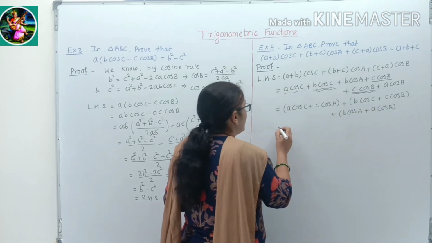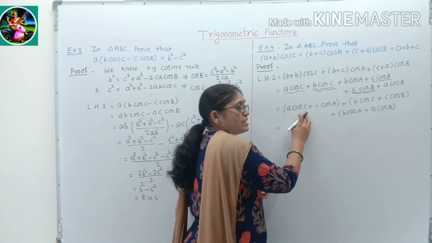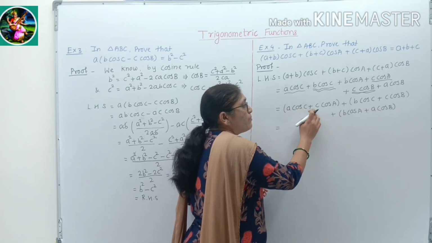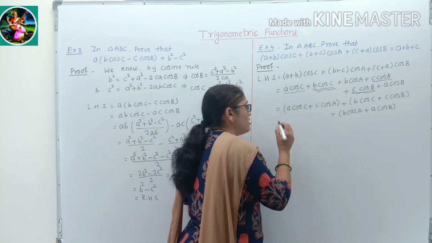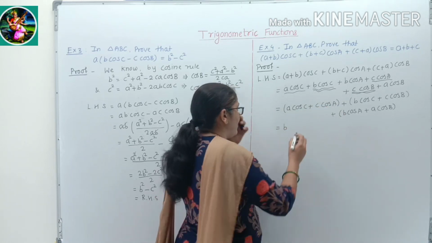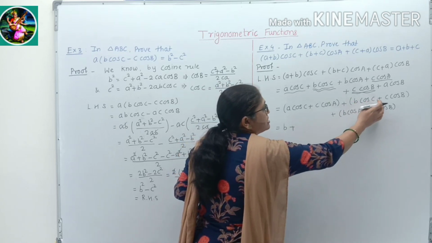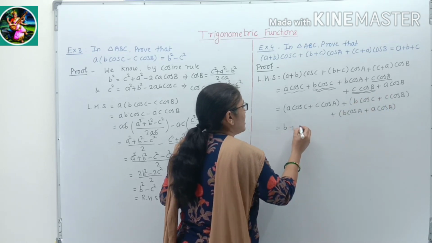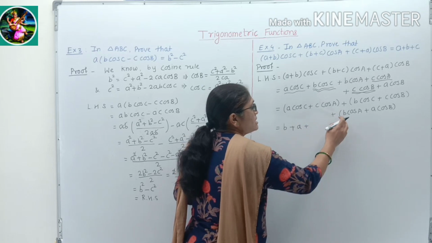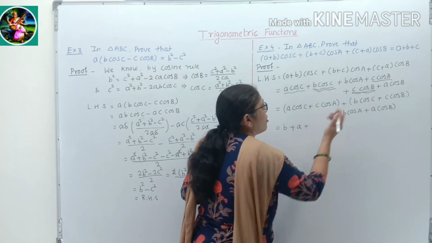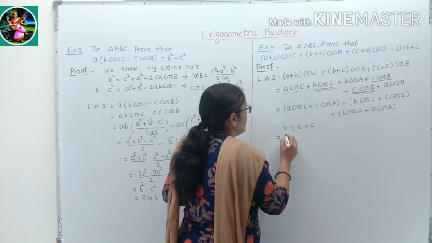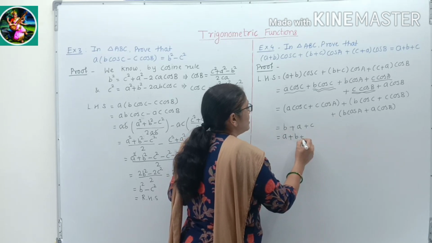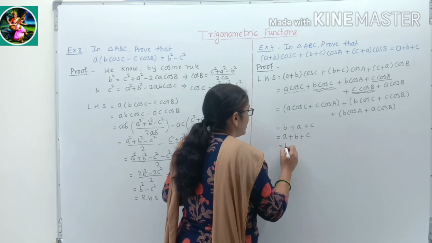By projection rule, a cos c plus c cos a is the value of b, plus b cos c plus c cos b is a, and plus b cos a plus a cos b is c. That is a plus b plus c, and that is our RHS.